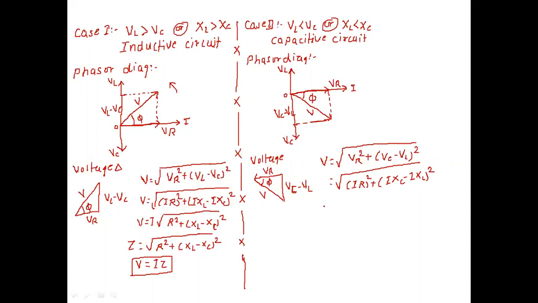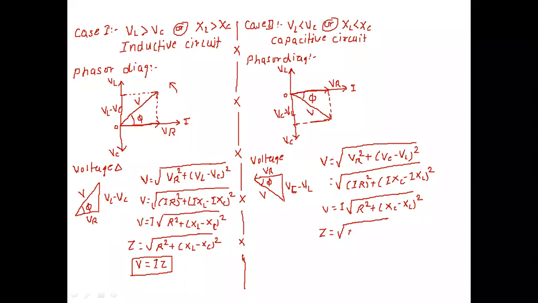So when I take the I term common, it becomes I under root of the remaining terms, R square plus (XC minus XL) square. So in this second case, the formula for Z is equal to under root of R square plus (XC minus XL) square.